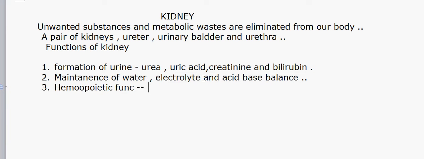So in this way, the major actor is the erythropoietin, which stimulates the process of erythropoiesis.